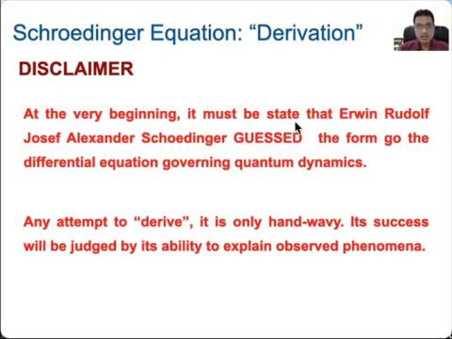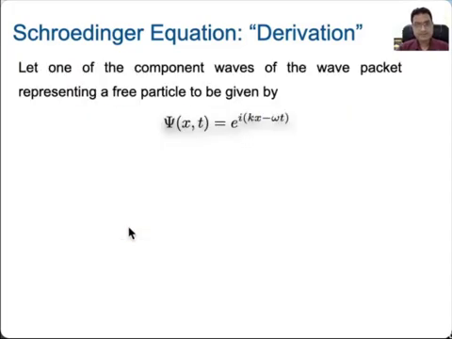So it must be stated that Erwin Schrodinger guessed the form of the differential equation governing quantum dynamics. Any attempt to derive it is only hand waving. Its success will be judged by its ability to explain observed phenomena.